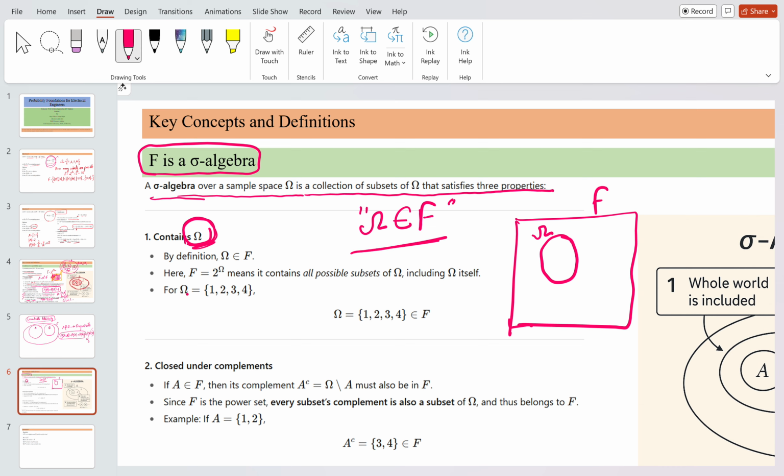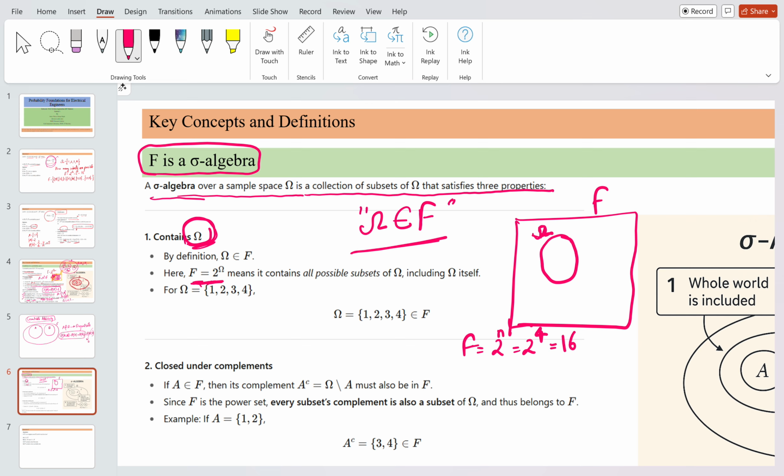Also this F is 2 to the power omega. Why is it said so? Because when you see how many possible subsets there are in F, it should be equal to 2 to the power n, and here n is 4, so it will be 2 to the power 4, which is 16. So all the possible subsets of omega number 16, and all these subsets will belong to F. Why?